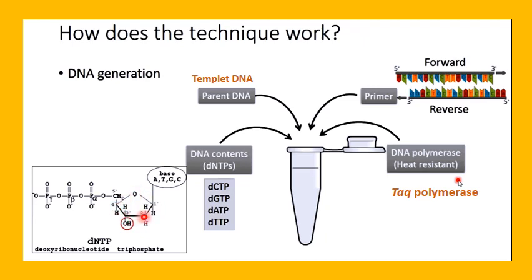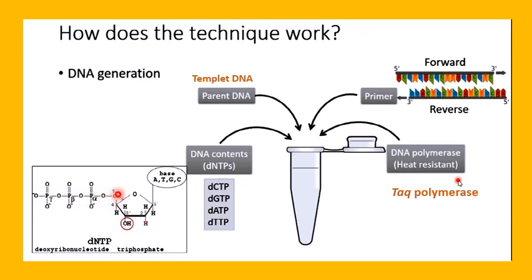This diagram shows the connection between these nitrogenous bases A, T, G, C, and this is the structural formula of DNA, deoxyribose sugar.